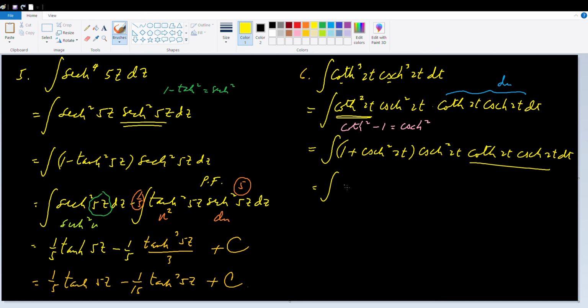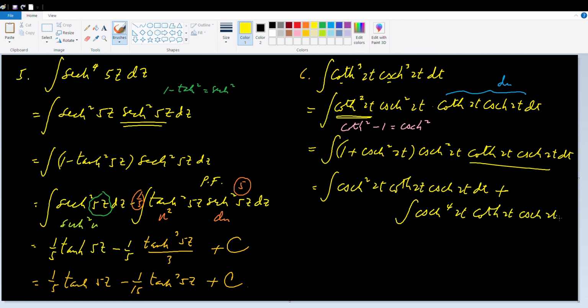This becomes the integral of hyperbolic cosecant squared 2t hyperbolic cotangent 2t hyperbolic cosecant 2t dt, plus the other integral, hyperbolic cosecant to the fourth 2t times hyperbolic cotangent 2t hyperbolic cosecant 2t dt.